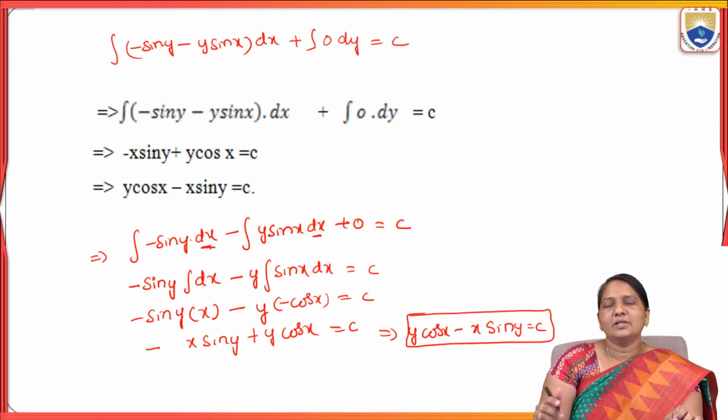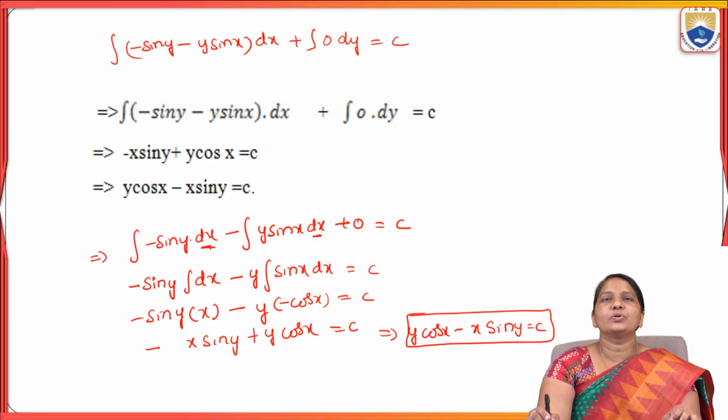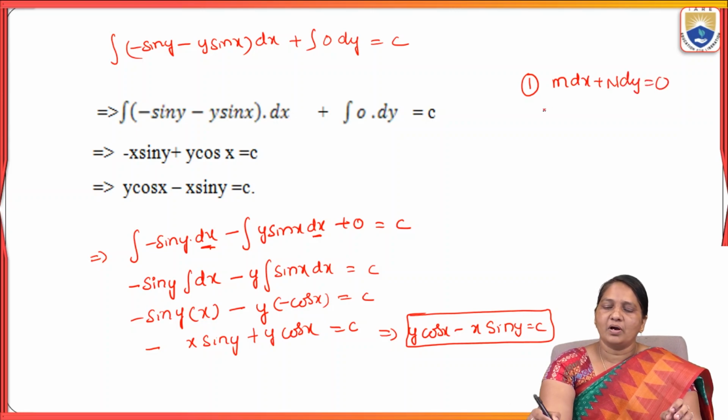So see here, this is the procedure we are going to follow to solve the exact differential equation. What are the steps we are doing here? So first step is we have to compare with M dx plus N dy equal to 0 form. After that we are going to find what is the M value and what is the N value.